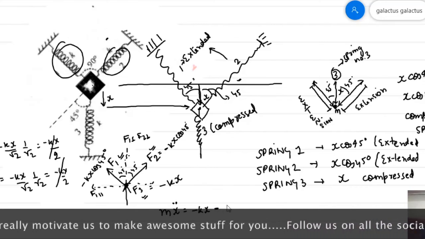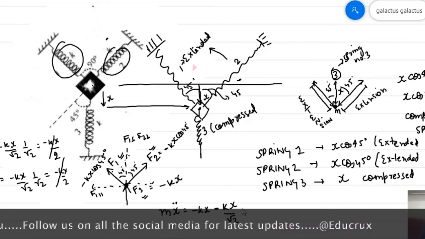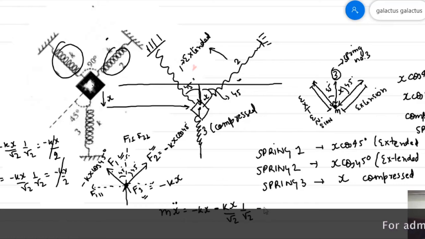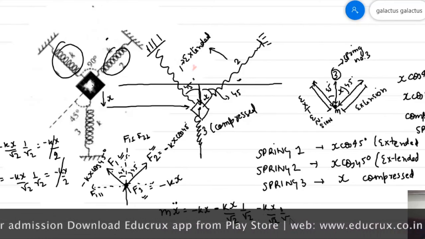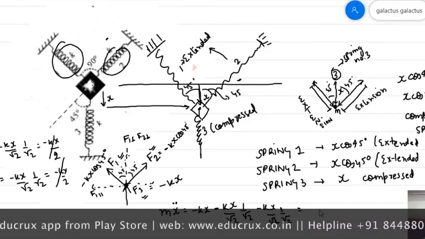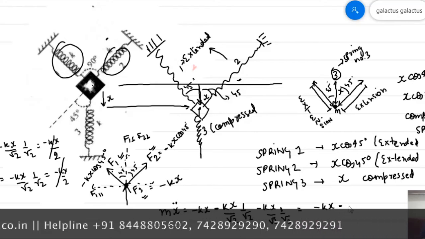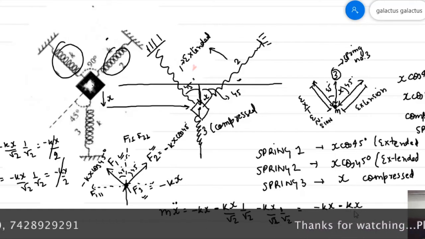minus kx by root 2 sine 45, which is also 1 by root 2, and over here again, due to spring number 2, which is equal to minus kx by root 2 times 1 by root 2, I'll get minus kx by 2, minus kx by 2, which will add up to minus kx.